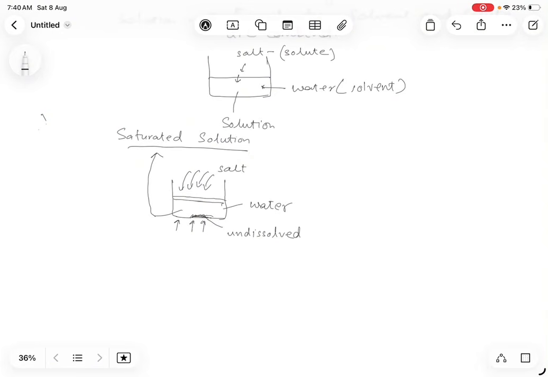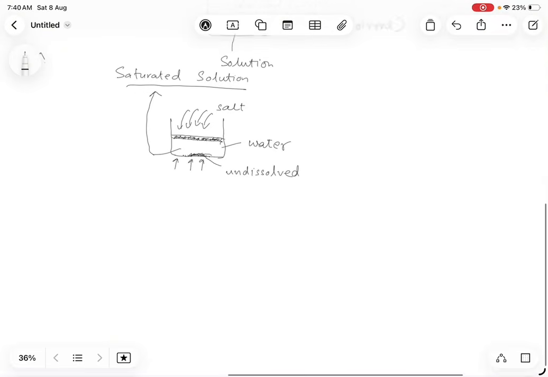So this much space is now free, and the salt particles can now dissolve in this area. Some more salt can be dissolved in this way, but this also has a limit, and you cannot just keep on dissolving more and more salt like this.